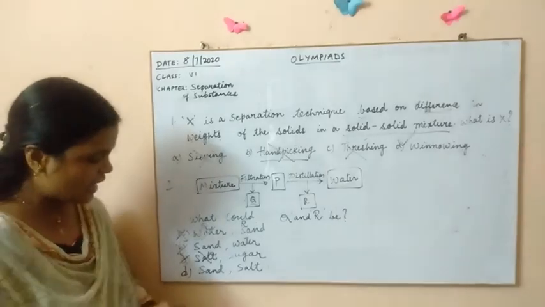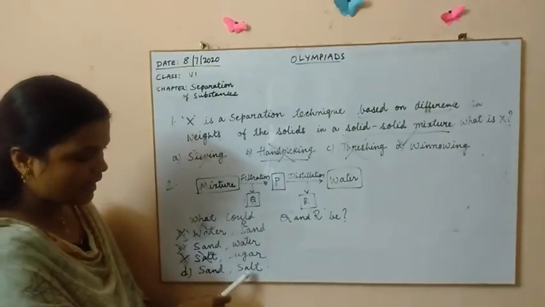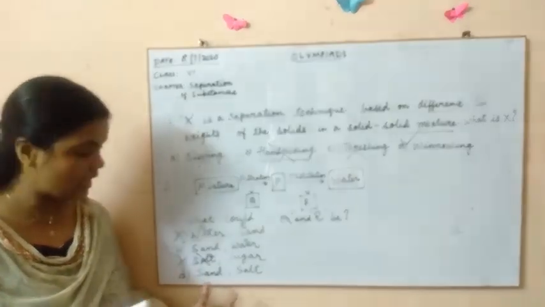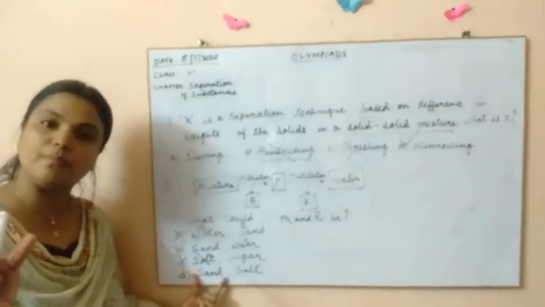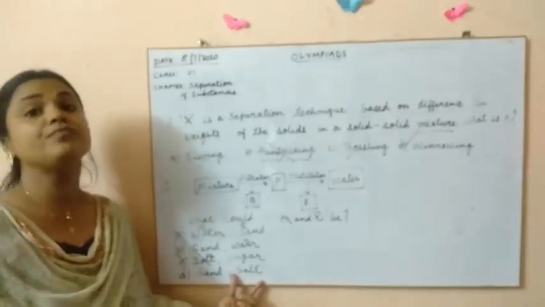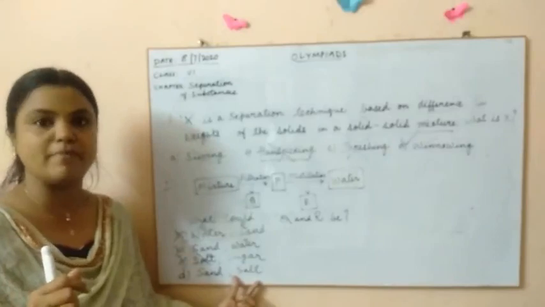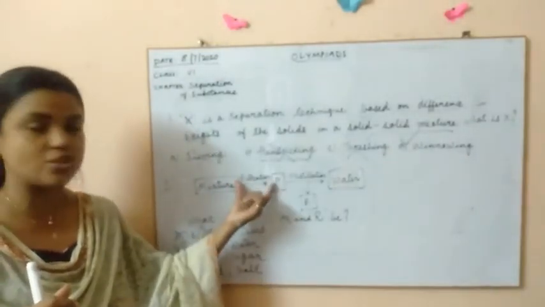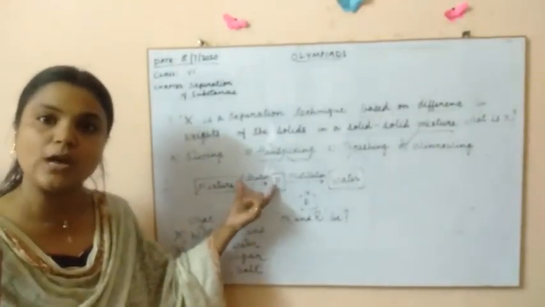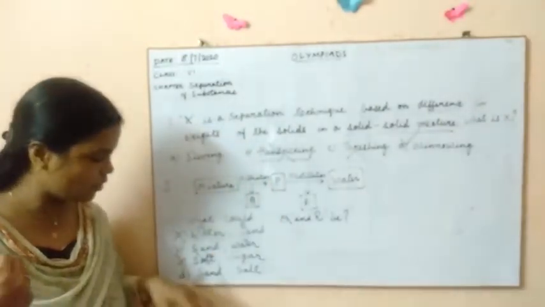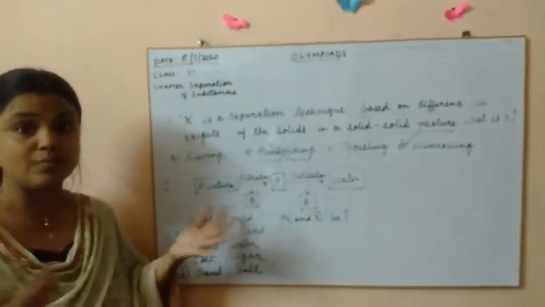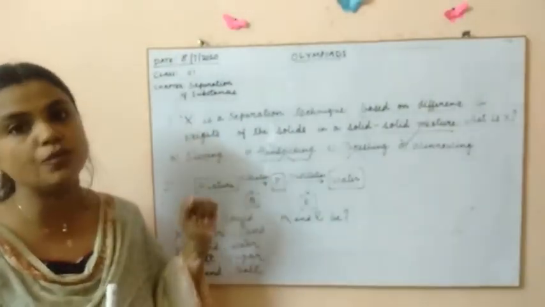Let us consider the last option. What is that? Sand and salt. As you can now see, sand is an insoluble component and salt is a soluble component of the mixture. So upon filtration, what first gets separated out? The insoluble component. So Q can be sand because it cannot pass through the filter paper.